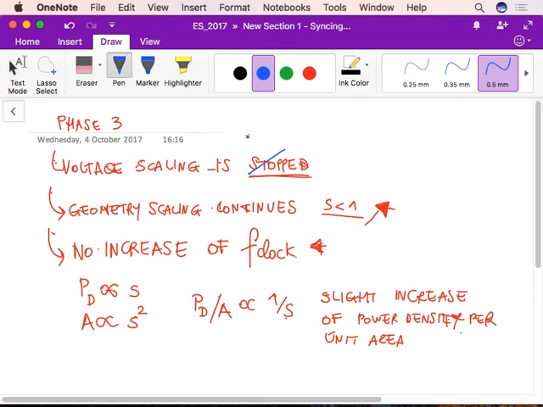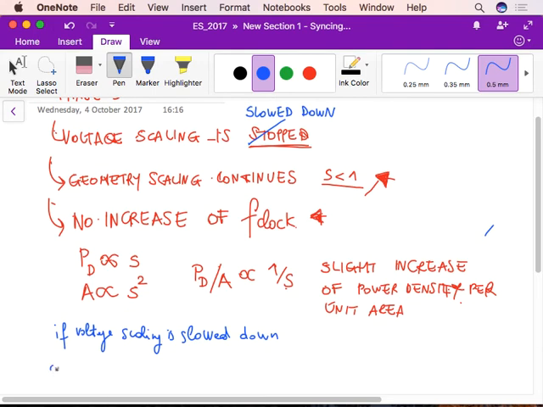I slow down voltage scaling, and if voltage scaling is slowed down, so it's almost stopped, not really stopped, and if F clock is reduced, instead of keeping it constant, I reduce F clock.